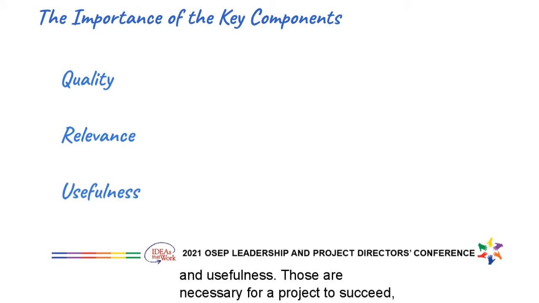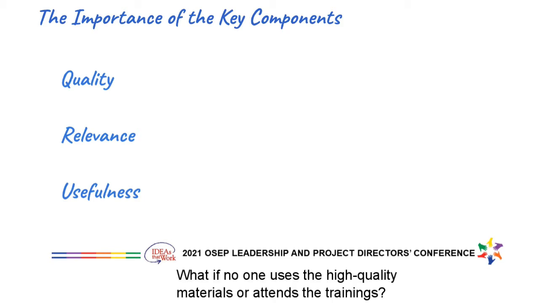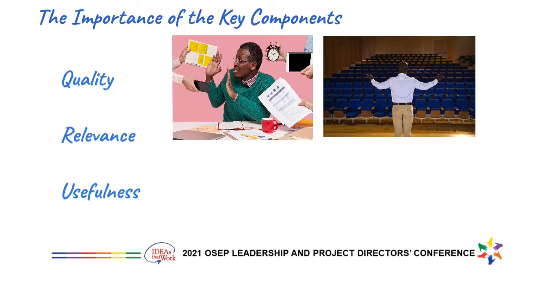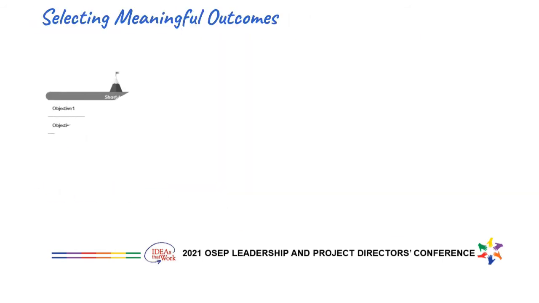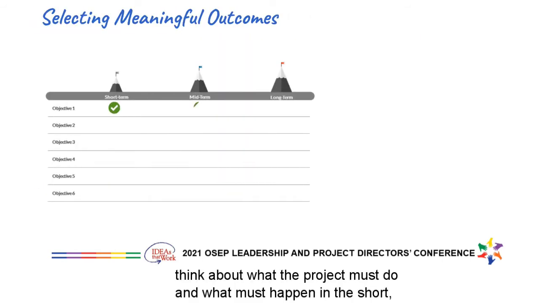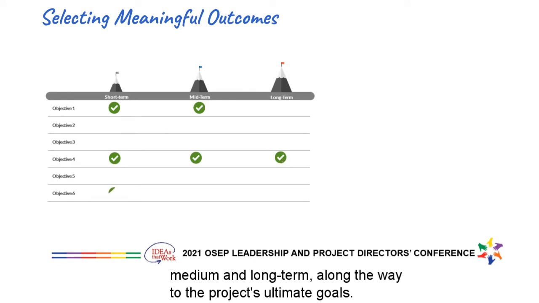Those are necessary for a project to succeed, but they are not sufficient. What if no one uses the high-quality materials or attends the trainings? Or what if they do so but then fail to learn from them or fail to put their learning into practice? To select the right outcomes in the logic model, think about what the project must do and what must happen in the short, medium, and long term along the way to the project's ultimate goals.